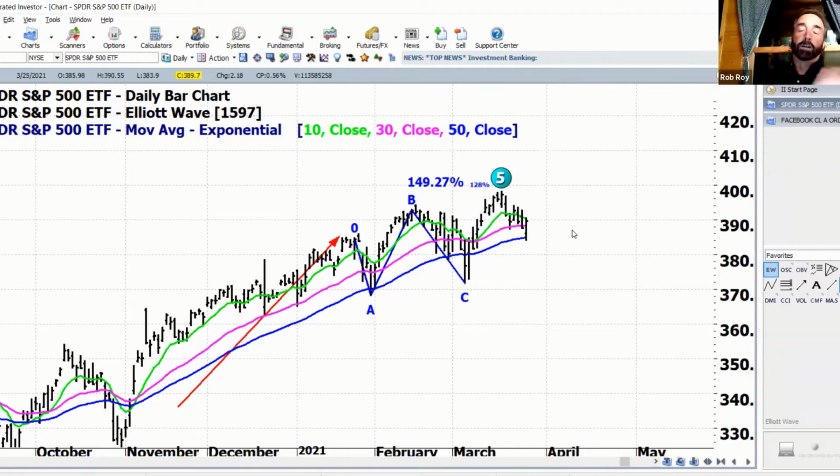We tried a little rally early, it failed, we sold off from 10 to 11 a.m., and we're about to fall completely apart. But in the end, it just came down, hit that fib level, hit the 50-day moving average, and reversed. So a week or 2 weeks from now, we could be looking back at this time and say, yeah, that wasn't very much fun, but hey, everything's okay now.